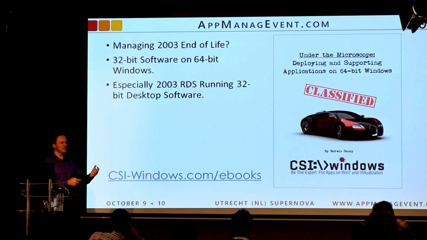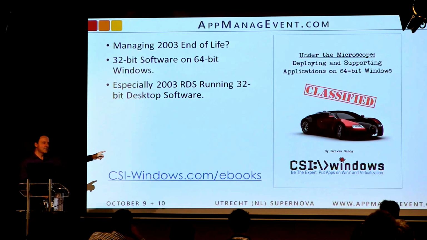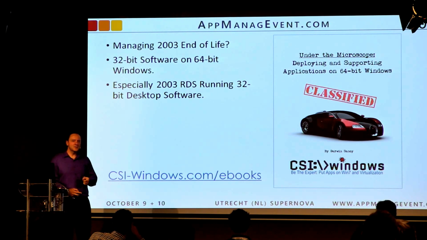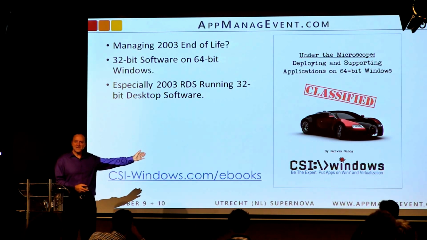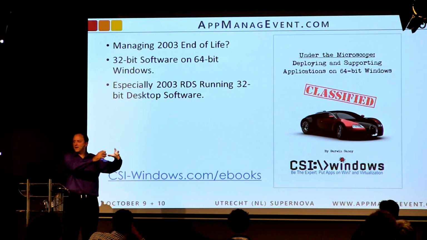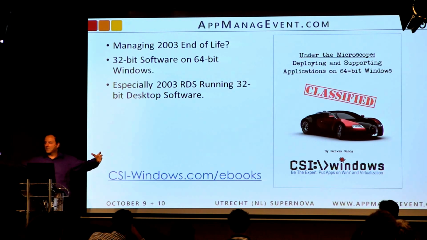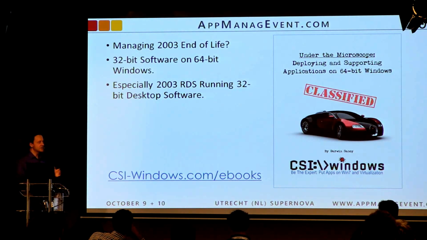Hey, when I run regedit in 32-bit mode versus 64-bit mode, the keys are going a different place. This is confusing. This book was relevant for Win 7, but now if you're on server 2003 and you're running RDS with 32-bit software, you're going to hit all these same issues again, and those might have been left on an island when you did your 64-bit migration because you didn't have to bother with them, right? Or you put them there because of 64-bit issues, and now you're going to have to deal with them if you're getting off of server 2003.